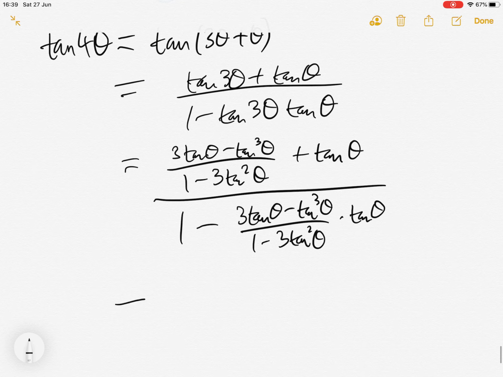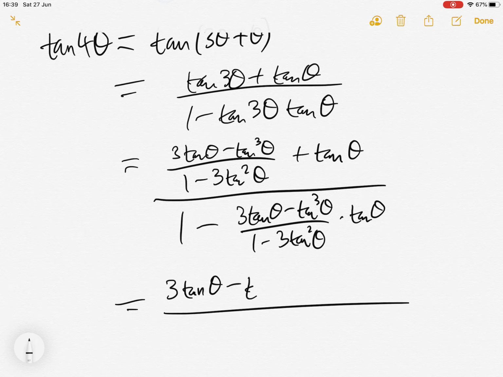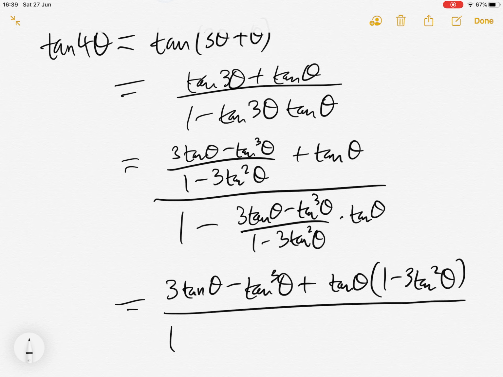And let's multiply everything in the top and bottom by 1 minus 3 tan squared theta. So we will get 3 tan theta minus tan cubed theta plus tan theta times 1 minus 3 tan squared theta, all over 1 minus 3 tan squared theta. That's what the 1 becomes.